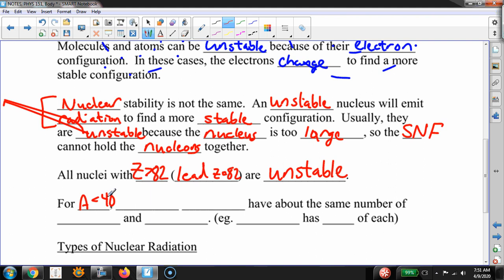the stable nuclei have about the same number of protons and neutrons. So for stable nuclei, they have about the same number of protons and neutrons.